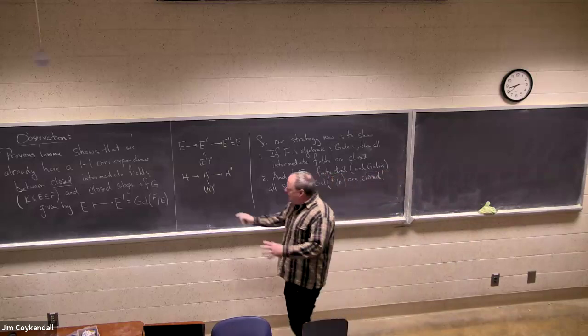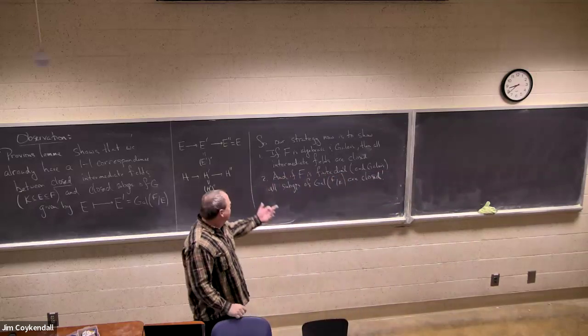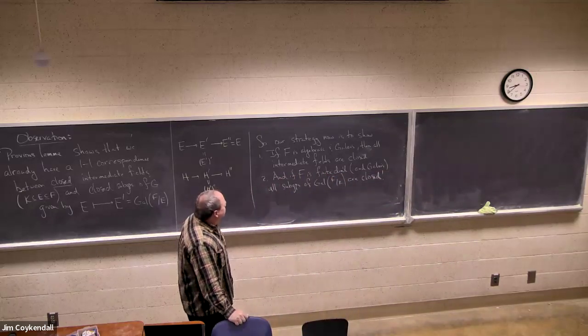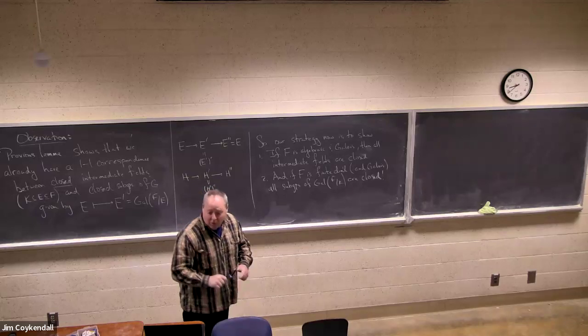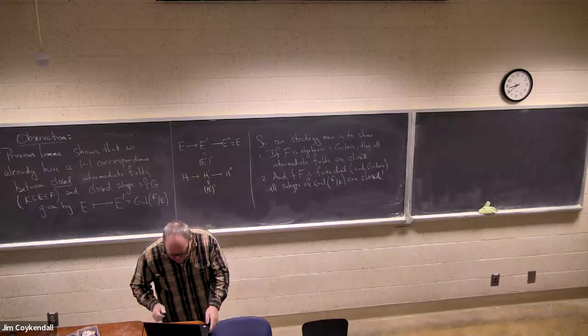Okay, so we've got the business about closed. What I'm motivated by now is trying to say, okay, when can I show that my intermediate fields or my intermediate groups are closed? So let's start with this lemma.